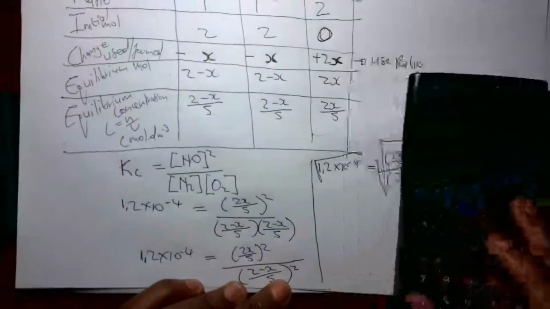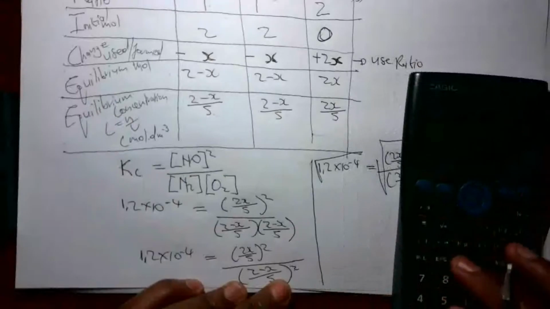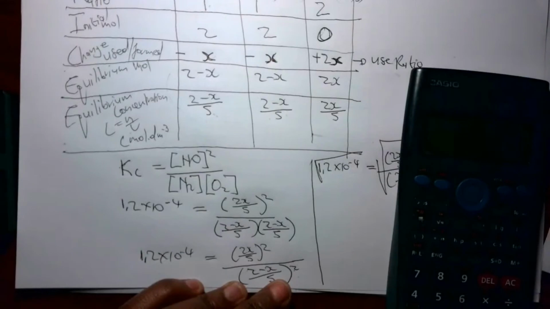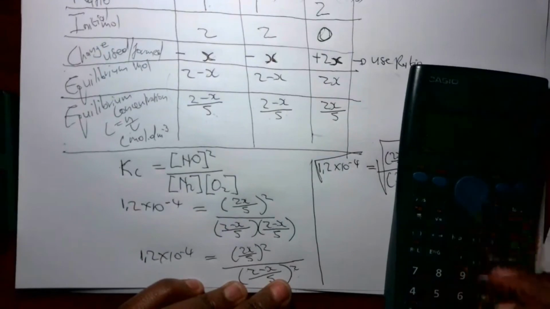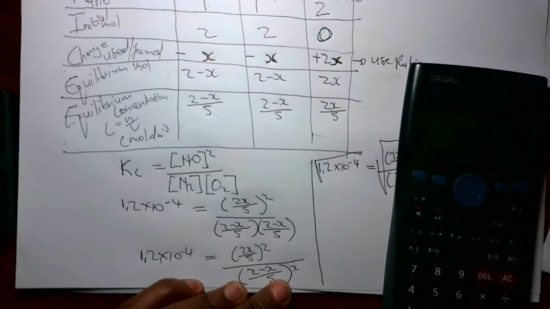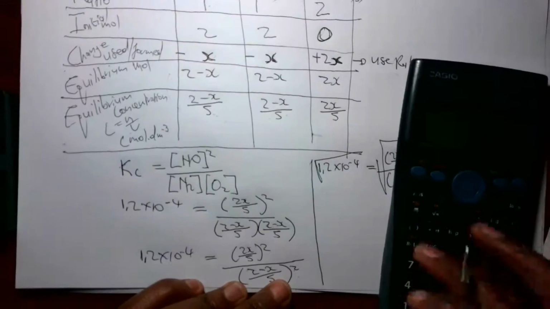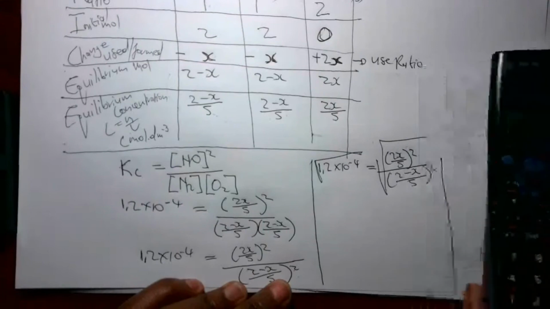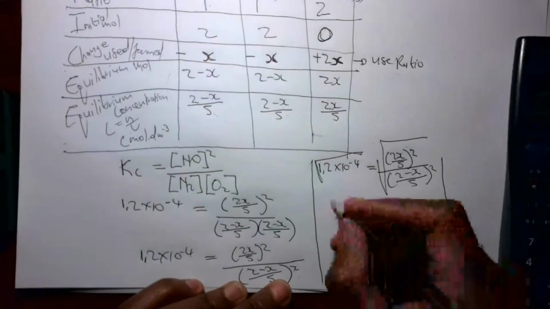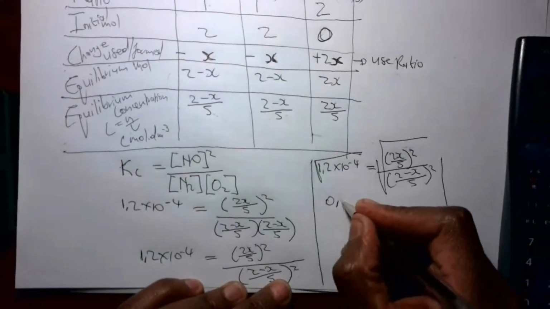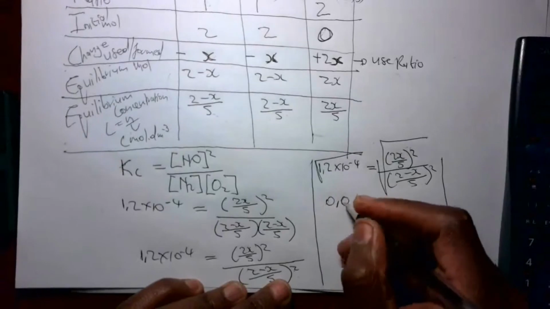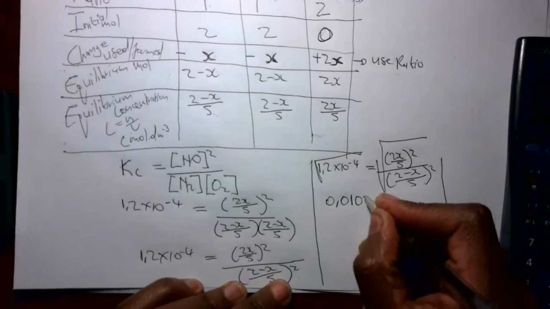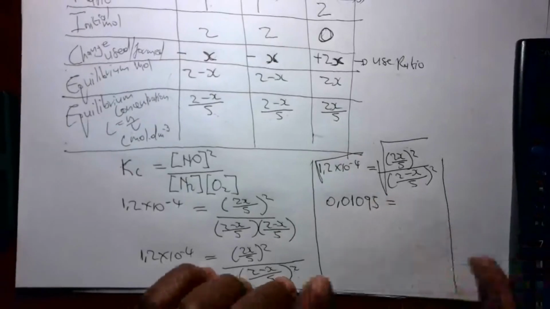I'm going to get 1,2 times 10 to the power negative 4, to the power 1 over 2. I'm going to get 0,01095.